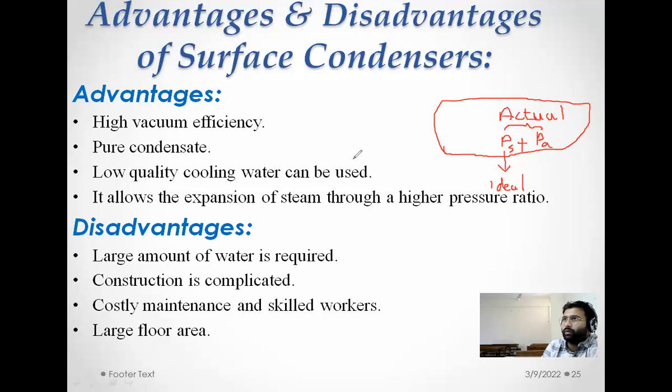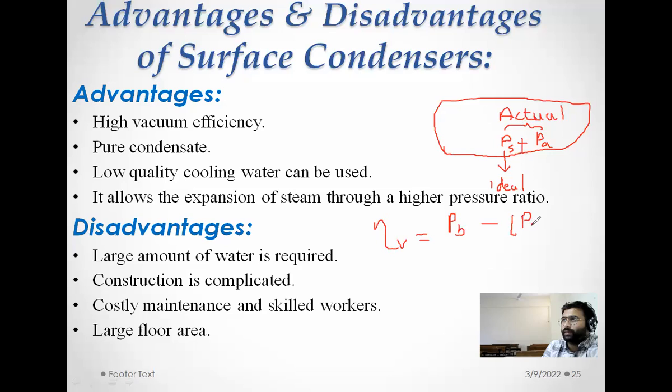Okay. So whenever we say vacuum efficiency, in this case it will be equal to the barometric pressure, what you measure with the help of pressure gauges, minus the actual pressure. What is the actual pressure?